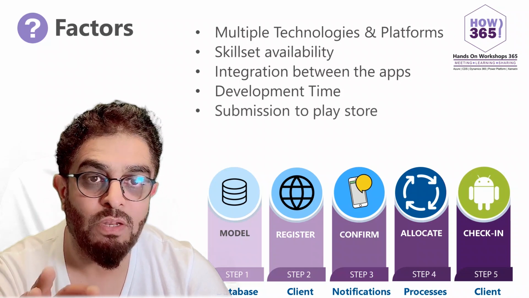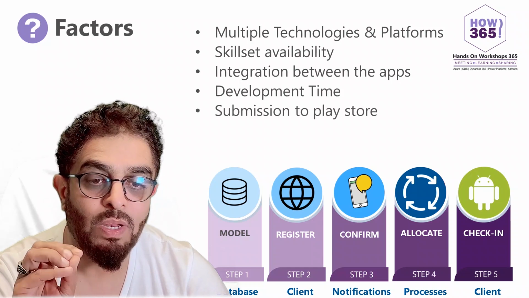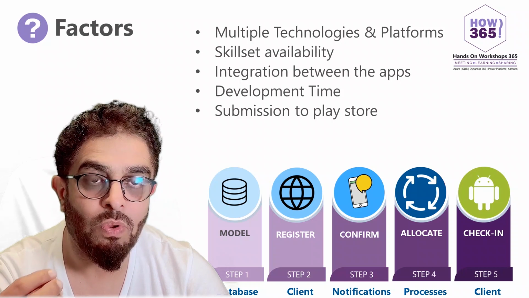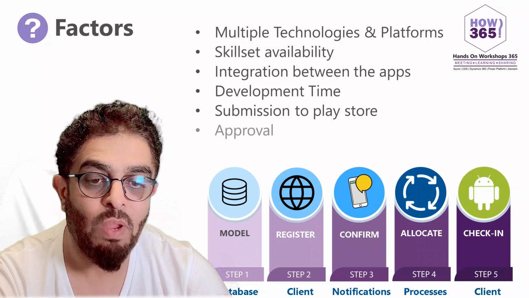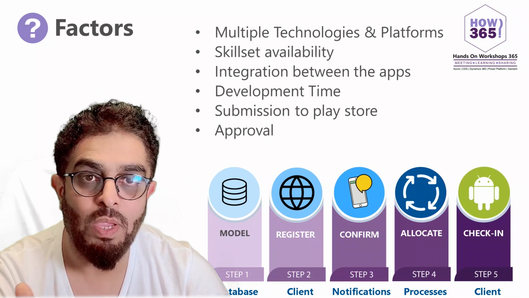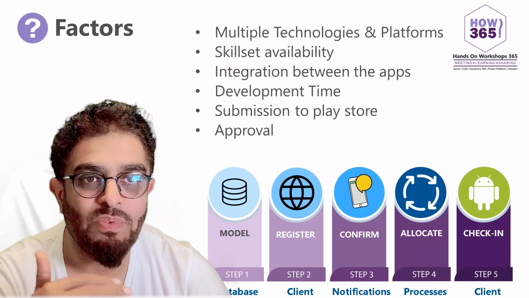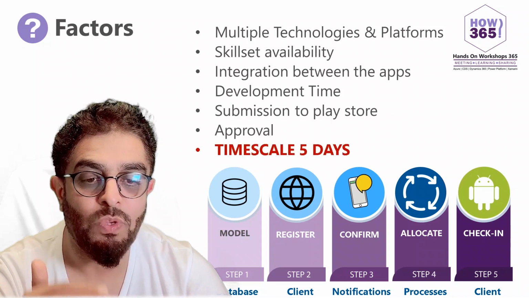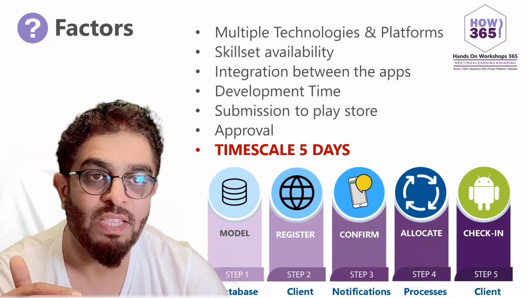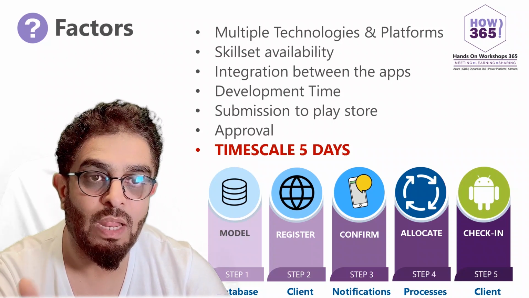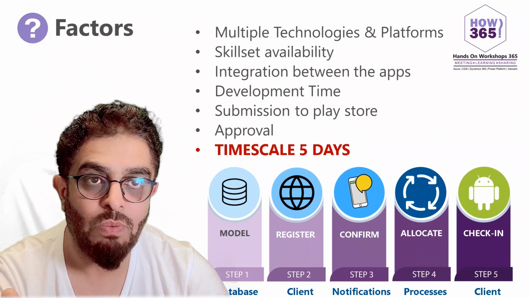If we did manage to develop a mobile application, we'd have to submit that to the Play Store or the Apple Store, and then wait for the approval, which might take a week to 2 weeks. We felt that this was not an option, because we only had like 5 to 7 days to deliver this solution and have it ready to manage the event.